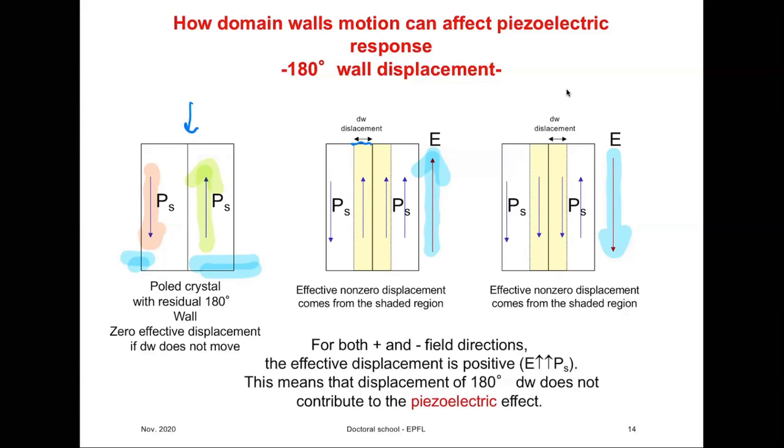So movement of this wall didn't change the piezoelectric effect. Of course, if I apply an additional AC field, that would be different. But considering just this field that we are applying, under which we are observing domain wall movement, we don't have a contribution to the piezoelectric effect. So displacement of a 180-degree domain wall does not contribute to the piezoelectric effect. Okay?